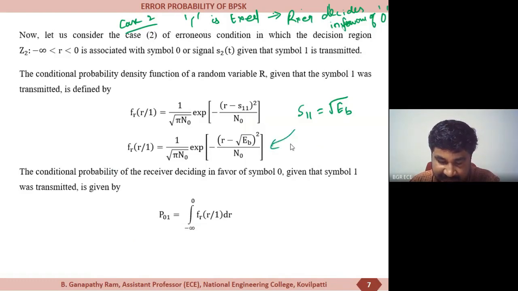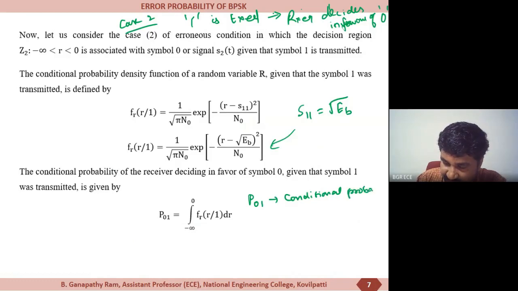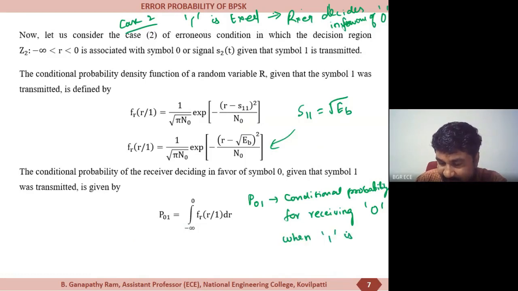The conditional probability can be determined by integrating the conditional probability density function between the region minus infinity to 0, and P01 is the conditional probability for receiving the binary data 0 when the binary data 1 is transmitted.